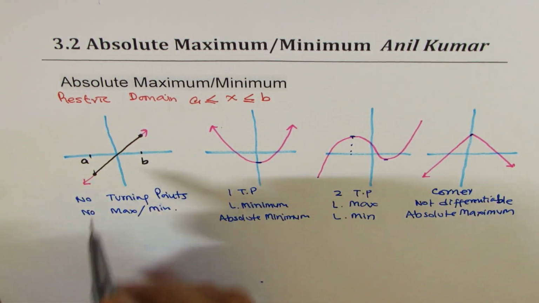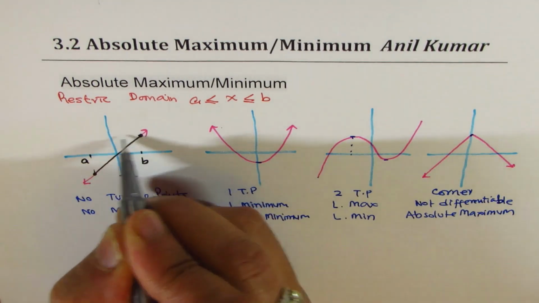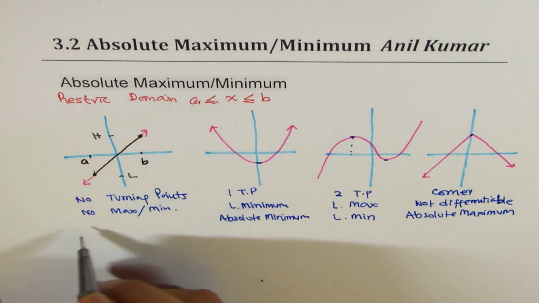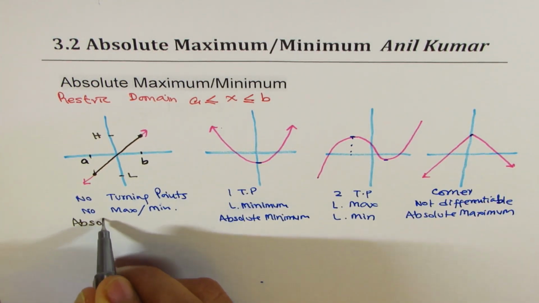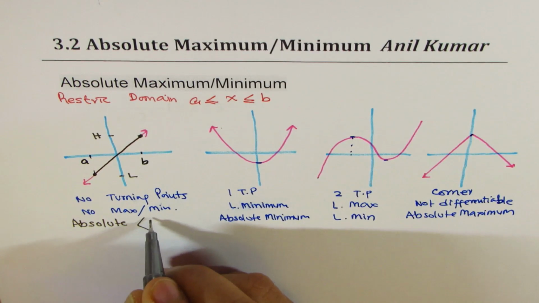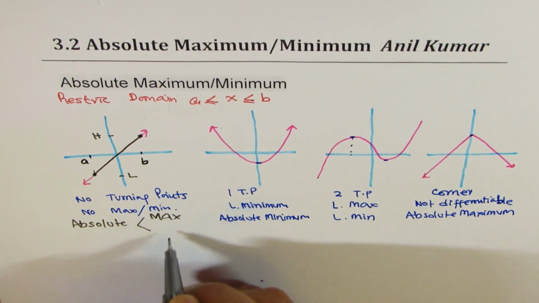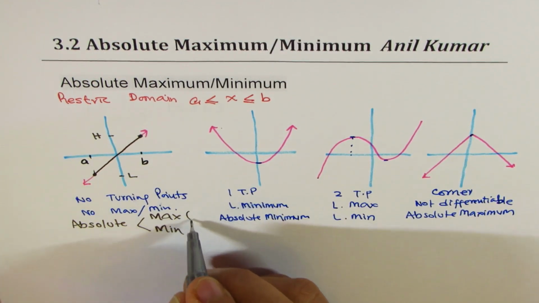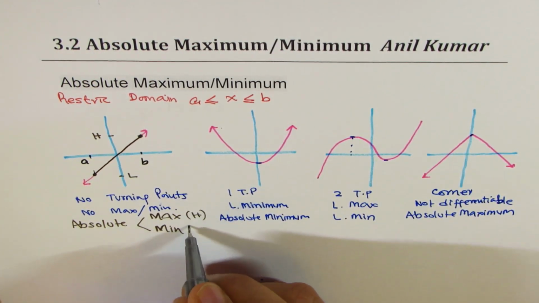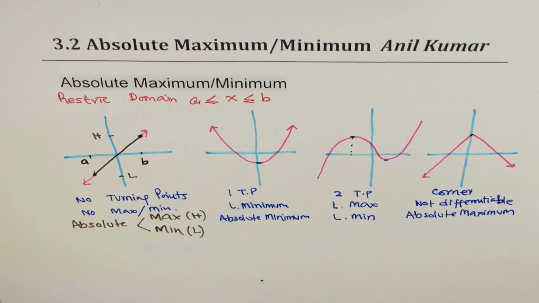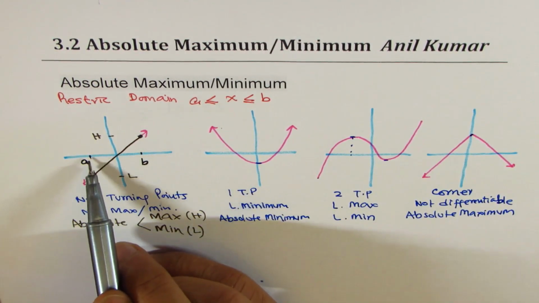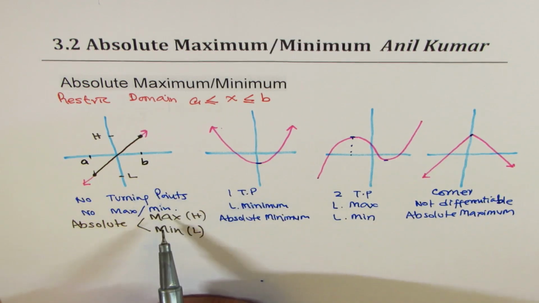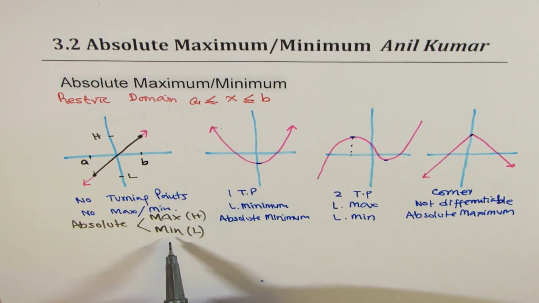Now here we do have the lowest value and we do have the highest value. These two values represent the absolute maximum and minimum. I'm representing the maximum with letter H and the minimum with L. Whenever I have a restriction on the domain, I will always have an absolute maximum as well as an absolute minimum.